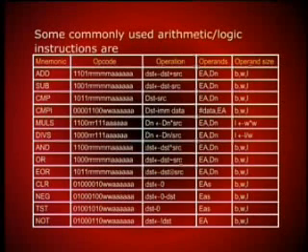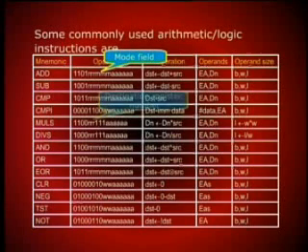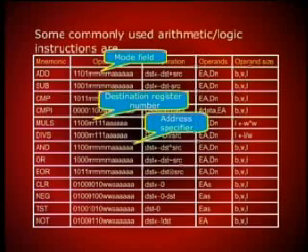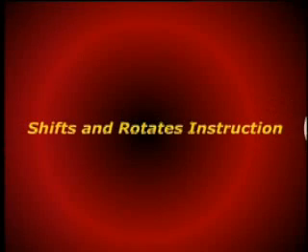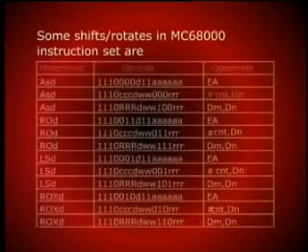Now, the interpretation is quite evident, and you should just do it as an exercise at home with the information given in your textbook. The next table shows some shift and rotate instructions available in the Motorola processor.